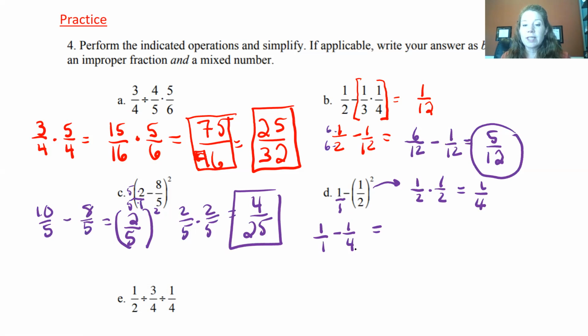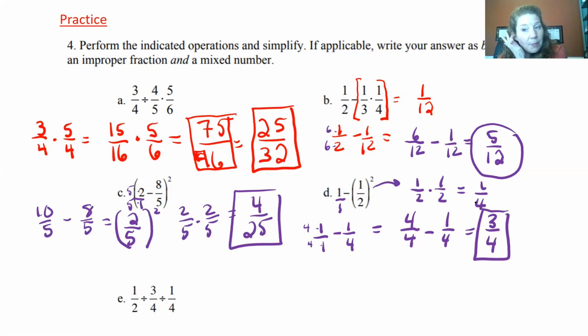So since 1 goes into 4, we're going to use something over 4. Well, how do you get from 1 to 4? You multiply by 4, so we're going to multiply the top by 4. So we're going to let 4/4 represent 1. So 4/4 minus 1/4 is 3/4. And that's the final answer.